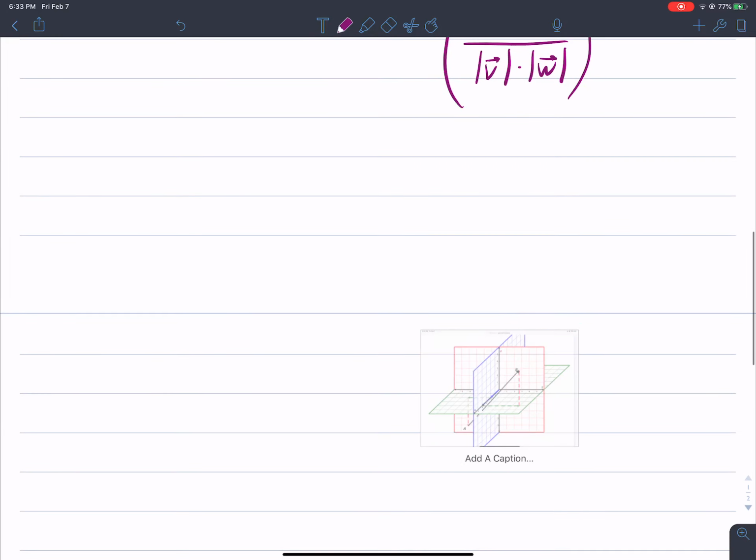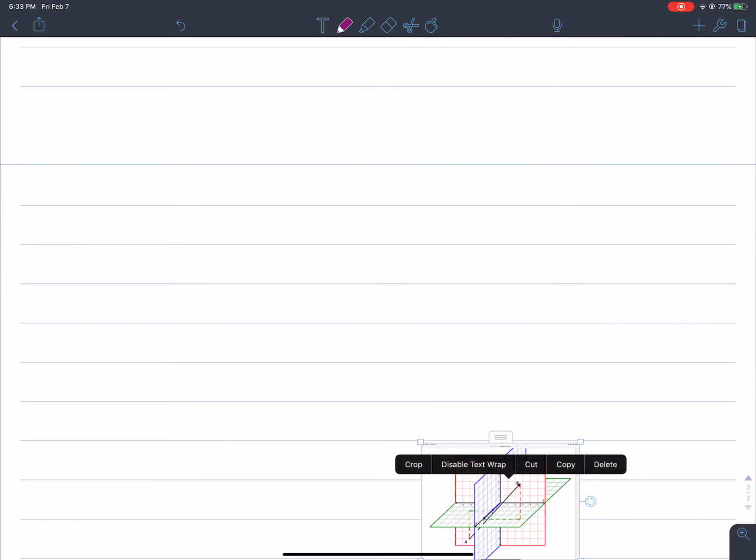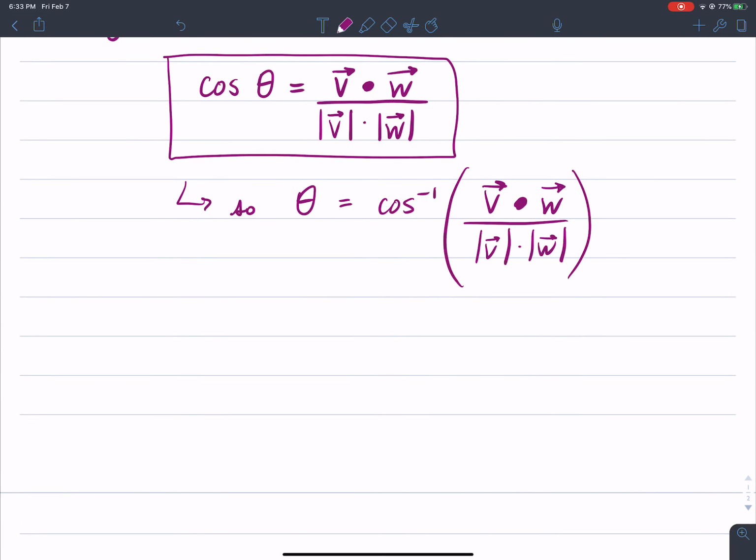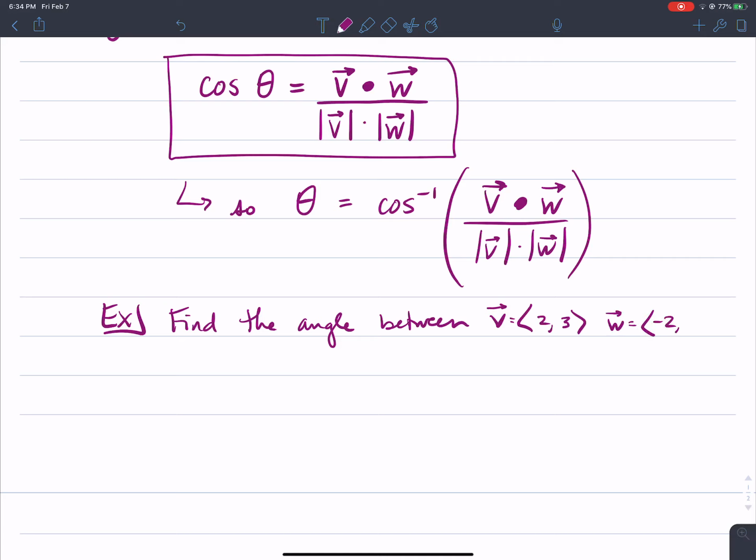Don't look at the cool little graphic behind the curtain. That's for later.